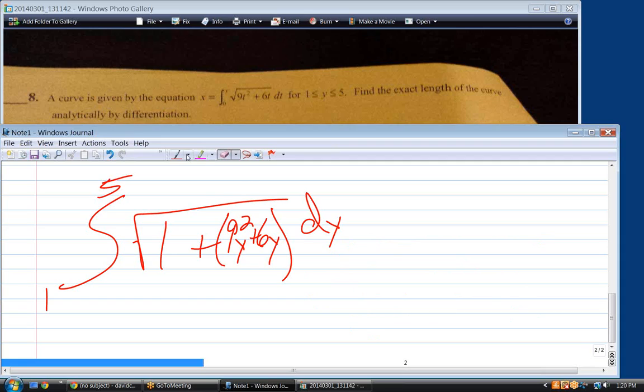Now we have an integral that, interestingly enough, you can do without a calculator. Are you supposed to not be using a calculator in these? Yep.